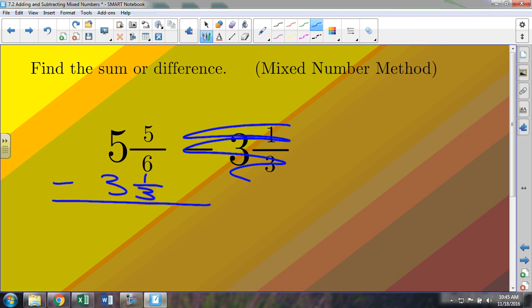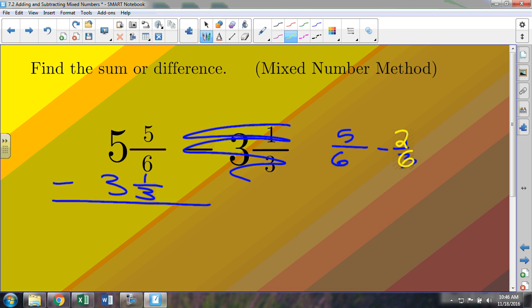In particular, with 5 over 6 minus 1 over 3, if you want to do it with this method, you can. It's completely valid. For these particular problems, though, I think it would be easier to say 5 over 6 minus 1 over 3, and then recognize that if we multiply 1/3 by 2, 1/3 is the same as 2/6.